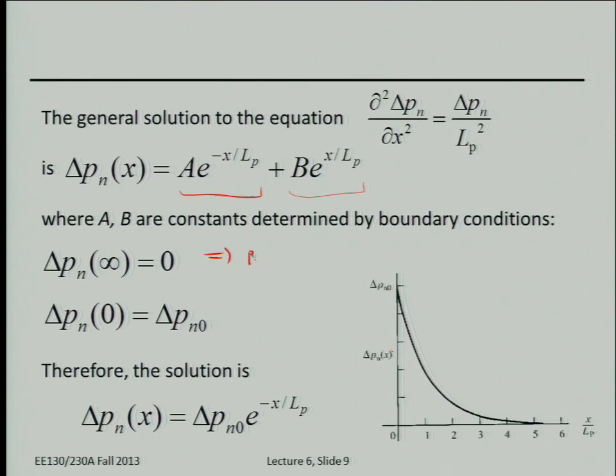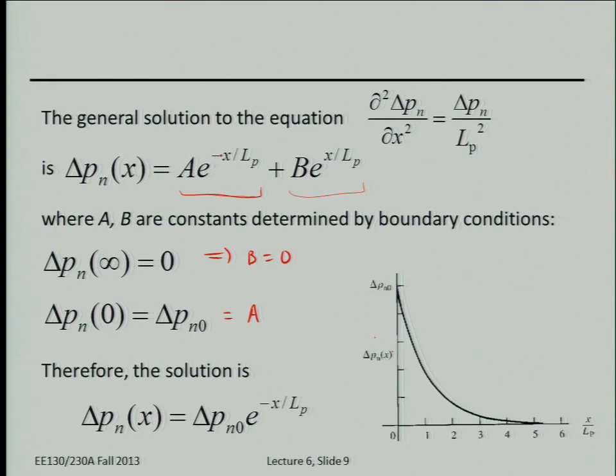That tells us that b has to be 0, because if b weren't 0, then at x equals infinity the excess carrier concentration would go to infinity. Now if b equals 0, we just have to solve for a. Remember, we defined the excess carrier concentration at the surface.